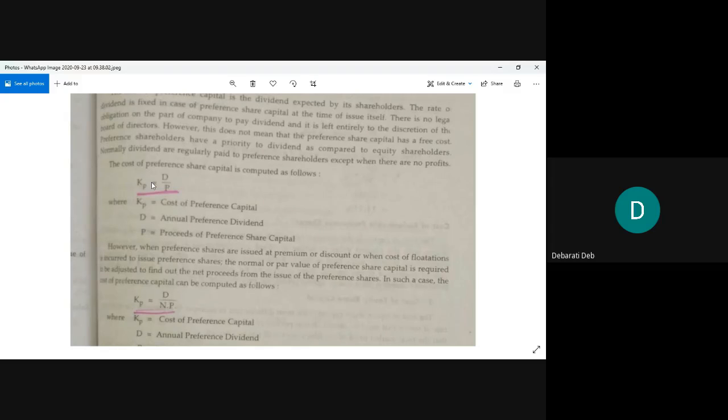This is in amount, okay? Whatever percentage will be given, you will have to calculate the amount of the dividend and then you will substitute with D. And capital P is equal to proceeds of preference share capital.